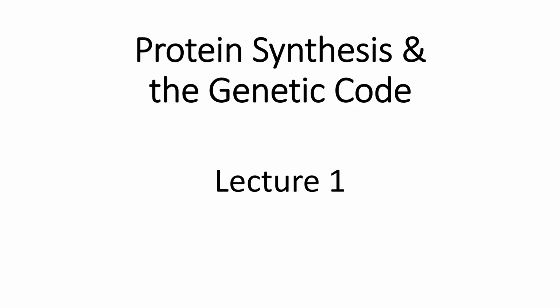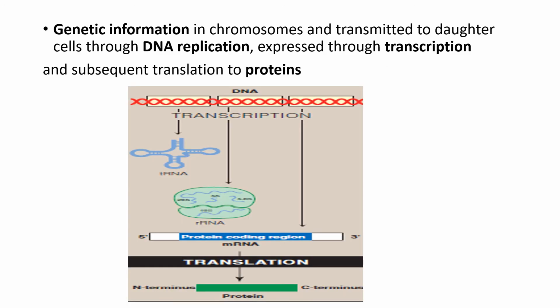Now, next is protein synthesis and the genetic code, and this is our first lecture on protein synthesis and genetic code. The genetic information always travels from DNA to form the protein. So, this is the central dogma. The central dogma involves the synthesis of messenger RNA, then the translation of this messenger RNA takes place.